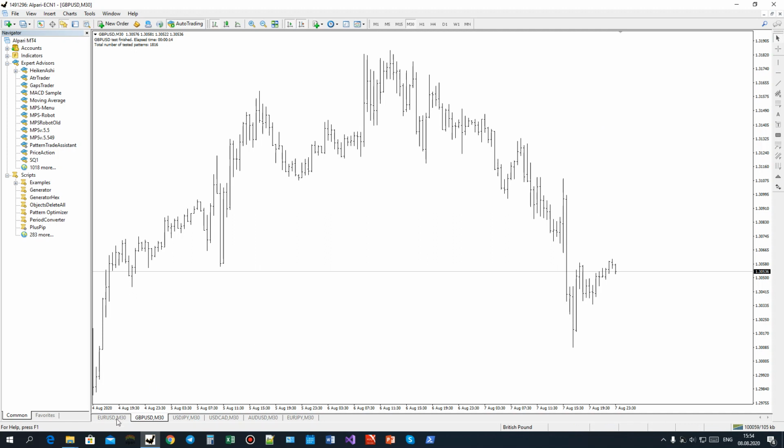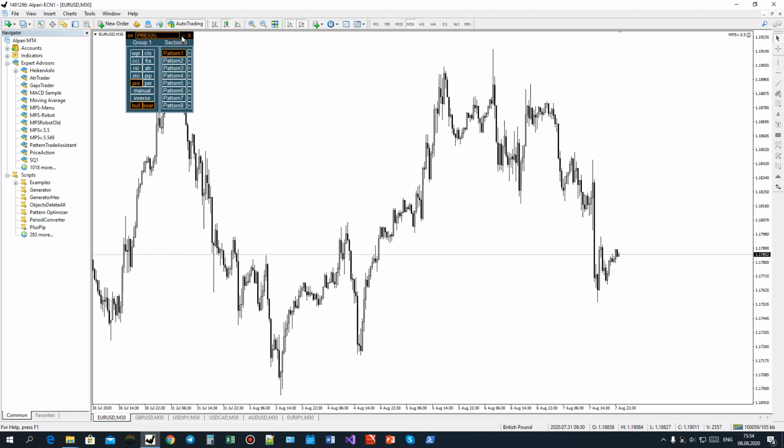Guys, let's do a simple check. So we have patterns here, and 0.3 to 0.8, 0.4 to 0.5.